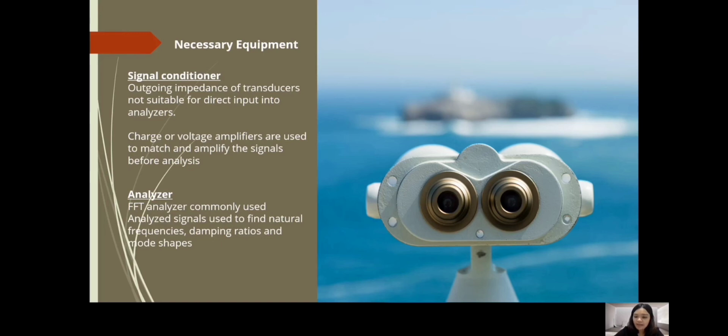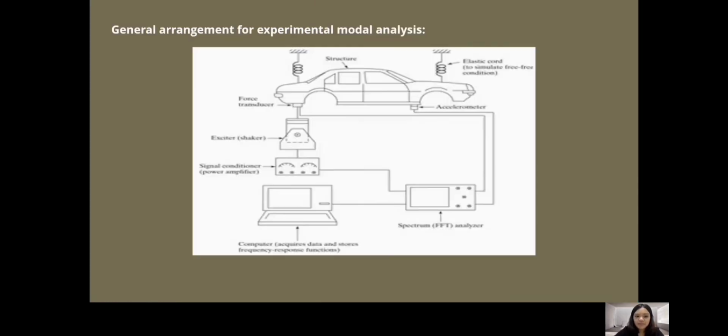Charge or voltage amplifiers are used to match and amplify the signals before the analysis. For the last equipment, we have the analyzer. FFT analyzers are commonly used to analyze signals to find the natural frequencies, damping ratios, and mode shapes.